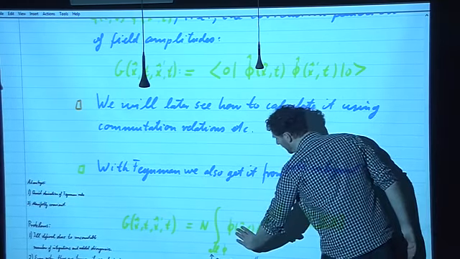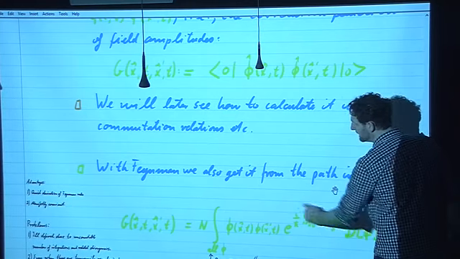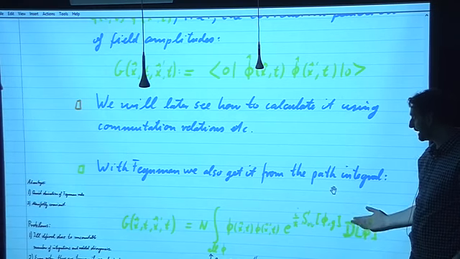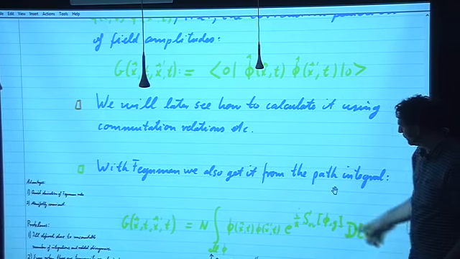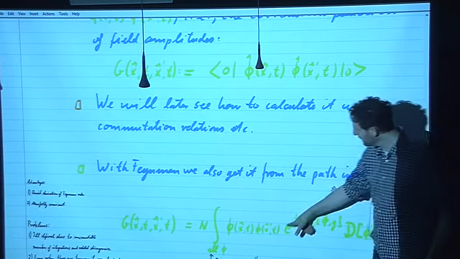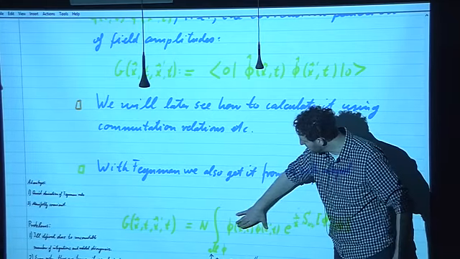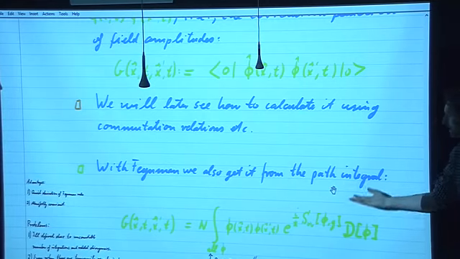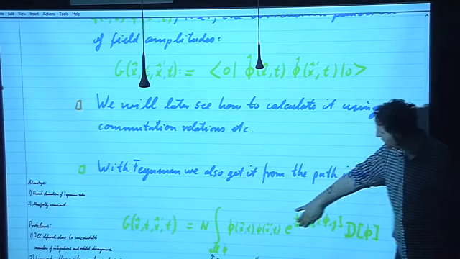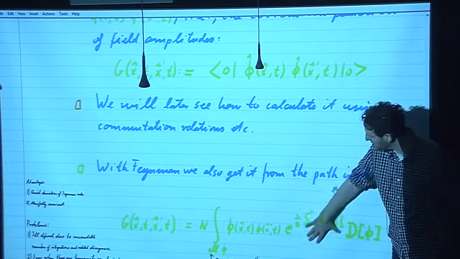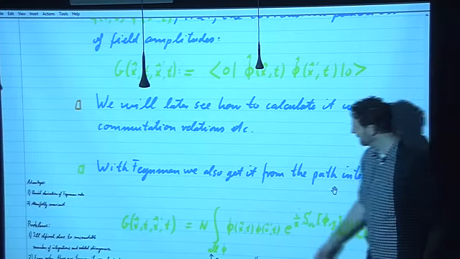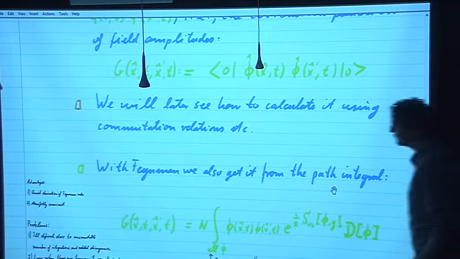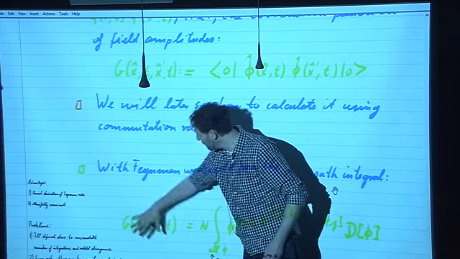We take the product of the fields, multiplied with the probability that they actually occur. Right? So this would be the probability, or really probability amplitude, for particular field evolutions to occur. And then for those field evolutions, we calculate the product, and we sum over all possibilities, multiplied with the probability for this to happen, and then there's a normalization of it. And that, too, in principle, gives us the 2-point function.